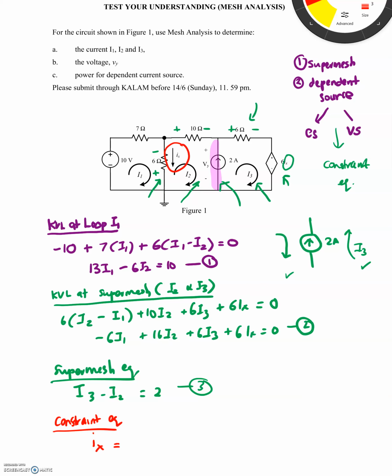So Ix, same direction minus the opposite direction. As you can see, the Ix has the same direction as I1. Therefore, I1 minus I2.